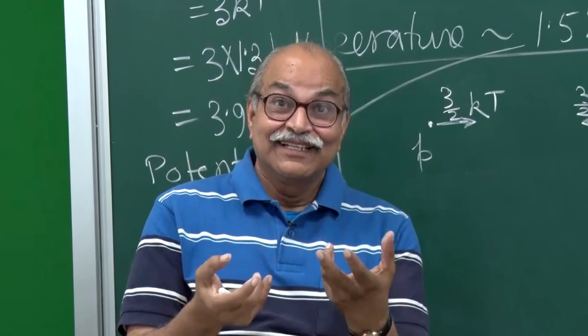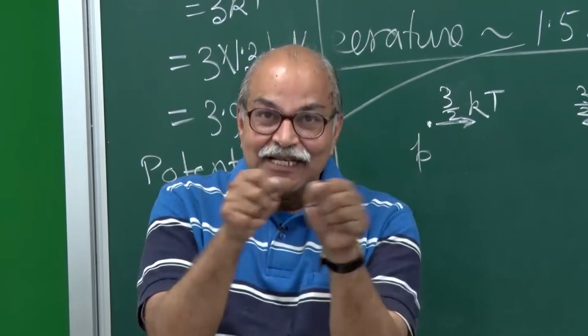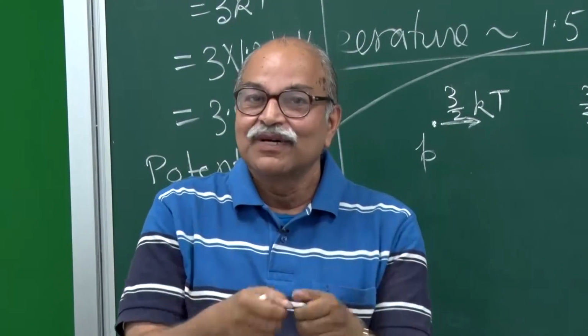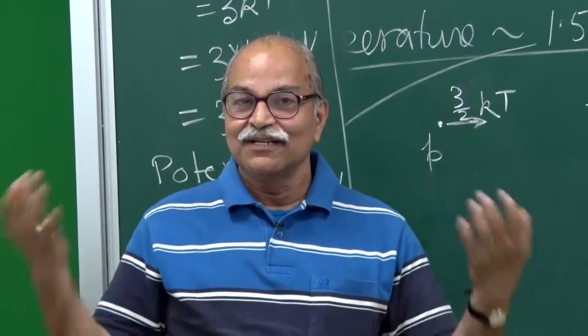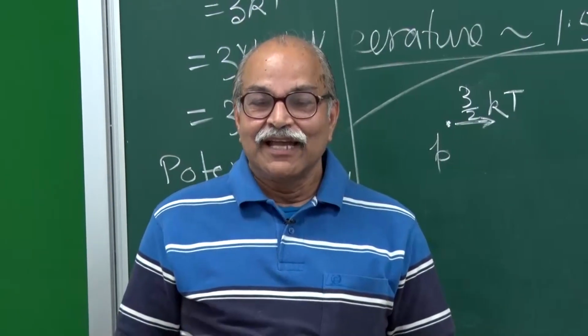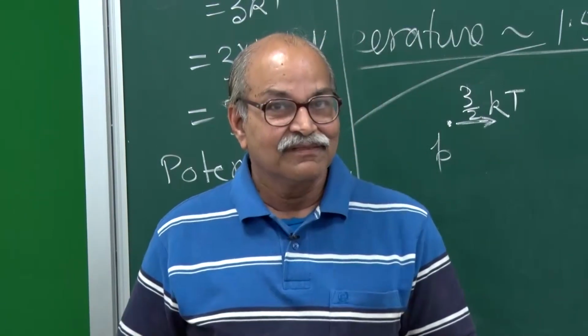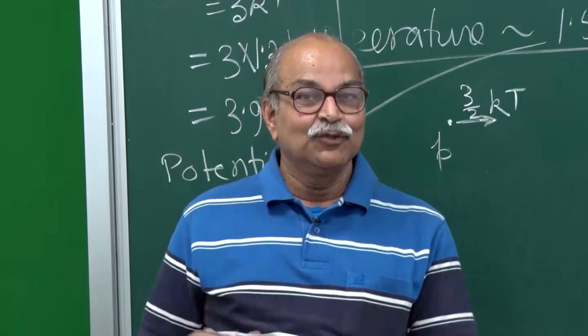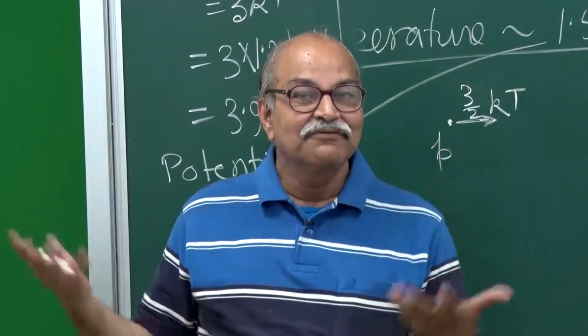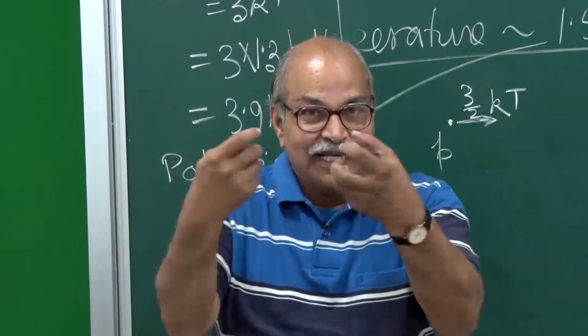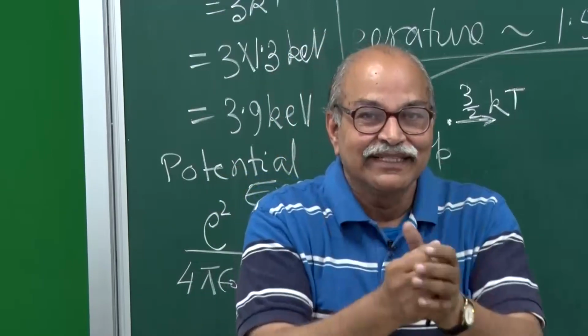So let's see. If that is the case, I should get a value of this separation R where the entire kinetic energy is converted into potential energy. If I get that R, then yes, sure. And if I see that R is negative or unphysical, then we will say that they are going and almost colliding with each other.